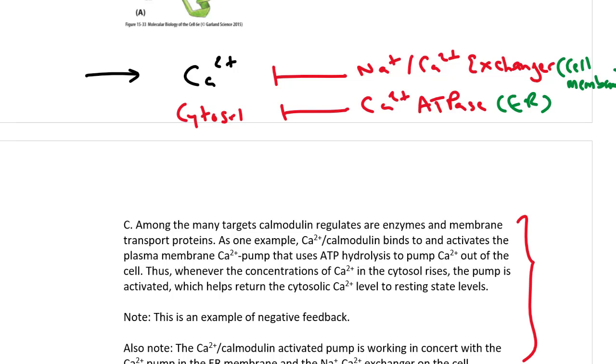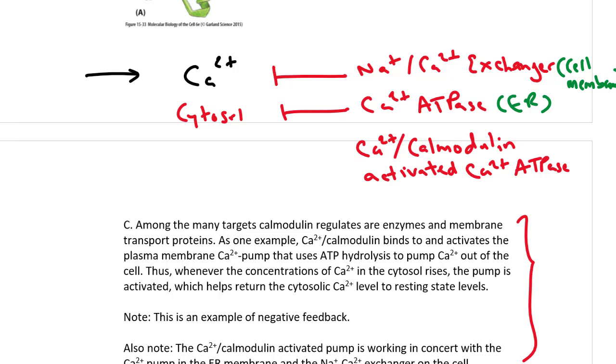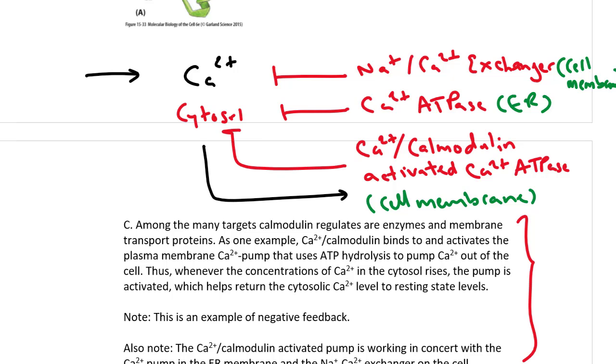Now we have another one. And what is that other one? This is calcium calmodulin activated calcium pump. And this is also on the cell membrane. But this is activated by calcium, and its activation leads to further inhibition on calcium concentrations within the cytosol. So this basically ramps up the calcium removal even more, and that's why you get these concentration spikes of calcium, because as calcium concentrations go up, more of these guys are activated.